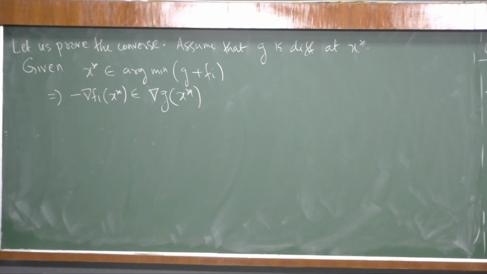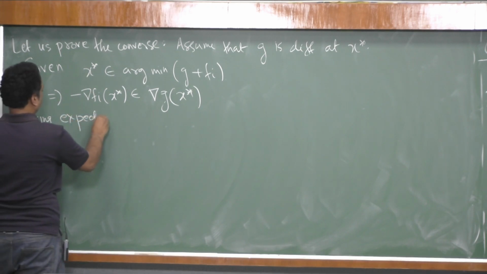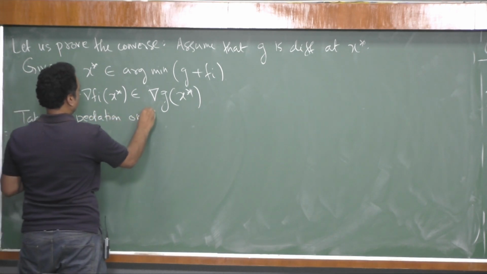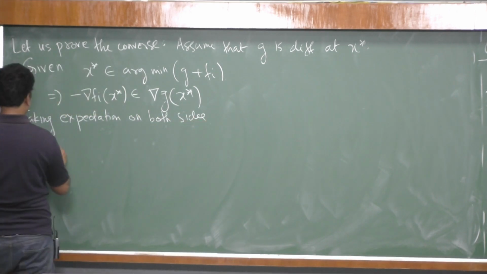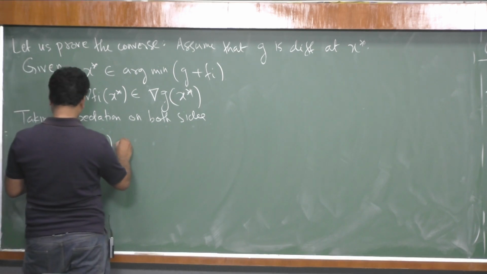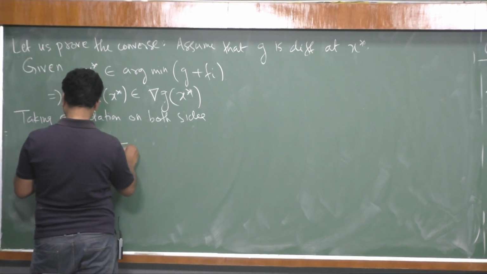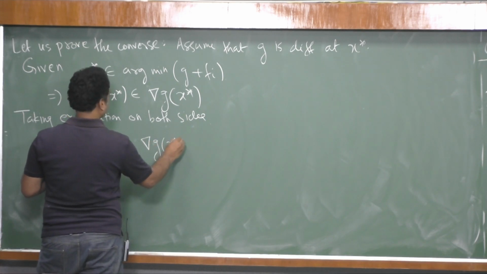Taking expectation on both sides, we have minus grad f star equal to grad g x star.